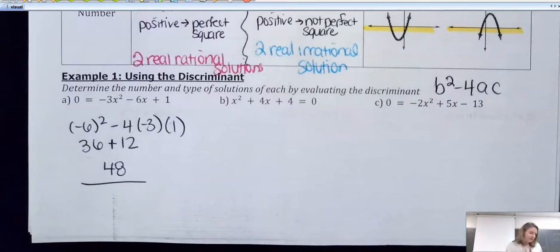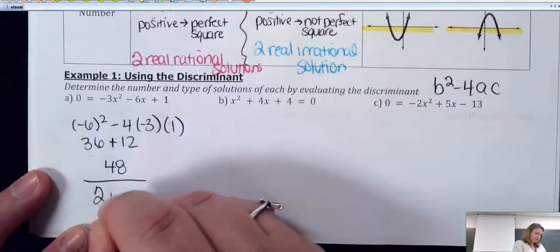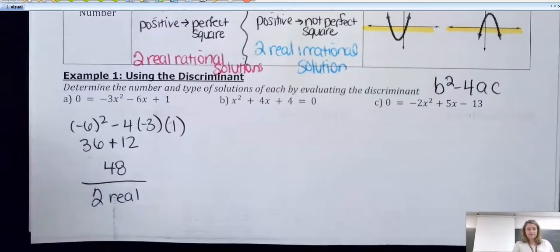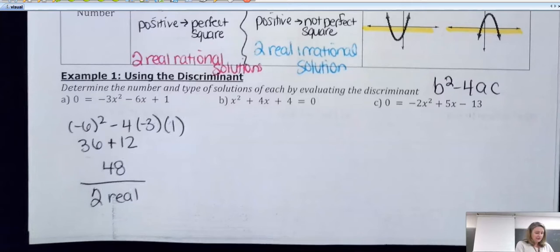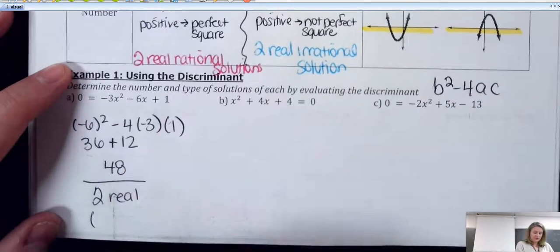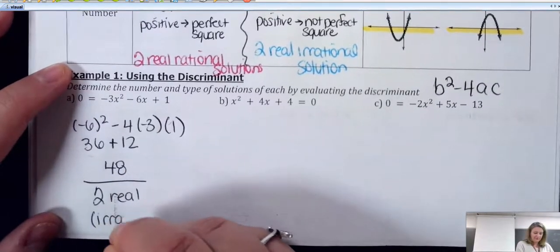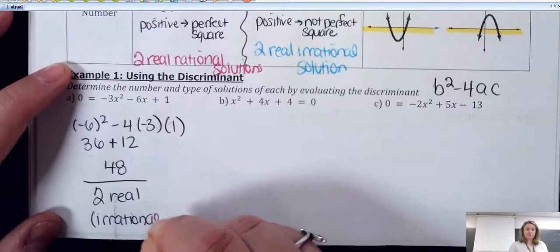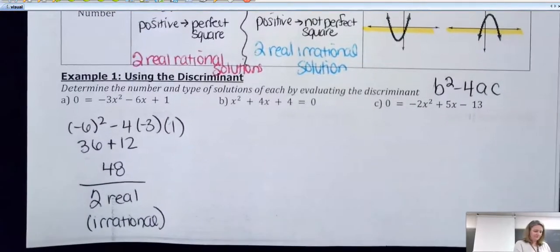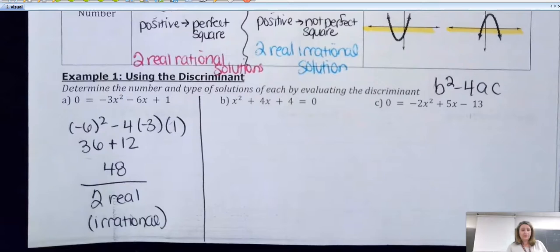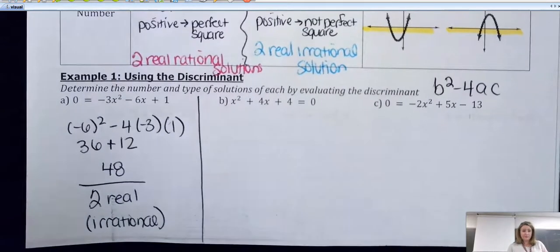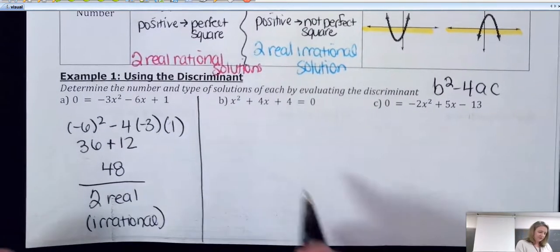Okay, so because I got positive 48, this is two real. It's positive, so it's two real. And that is not a perfect square, so I'm just going to jot down that they will be irrational solutions when I do that. But two real, number and type, so two, type, real. All right, now, b squared minus 4ac.